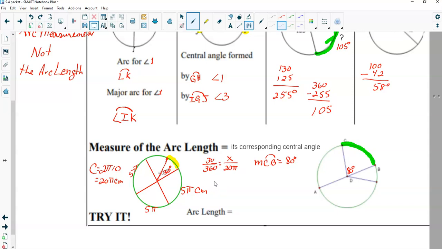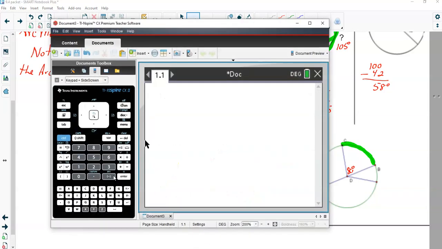That means 360x is equal to 20 times 30. 2 times 3 is 6, add 2 zeros, and that would be 600 pi. We are solving for x, so divide by 360 on both sides. That means x is equal to 600 pi divided by 360.